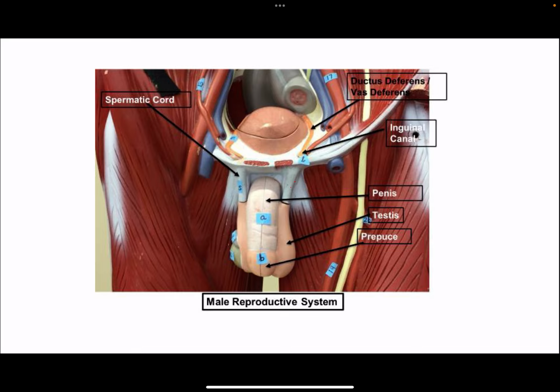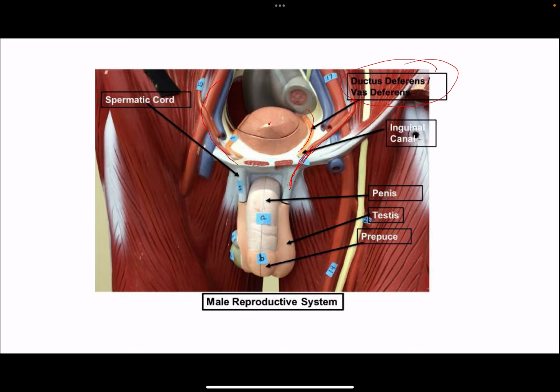So you can see it's going through that region. See, it's going both sides. This is a vas deferens or ductus deferens, same thing.